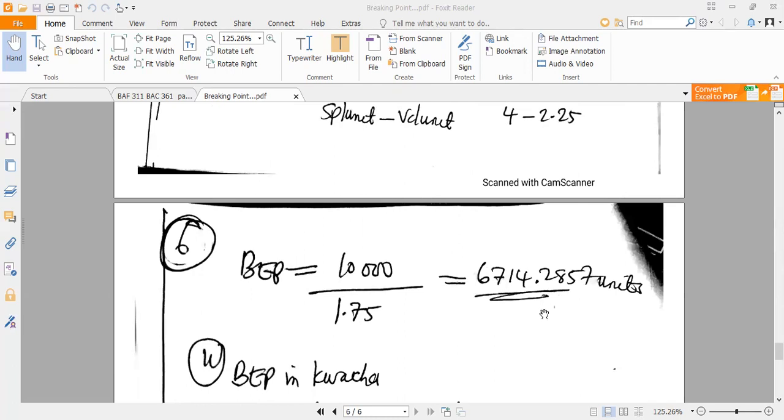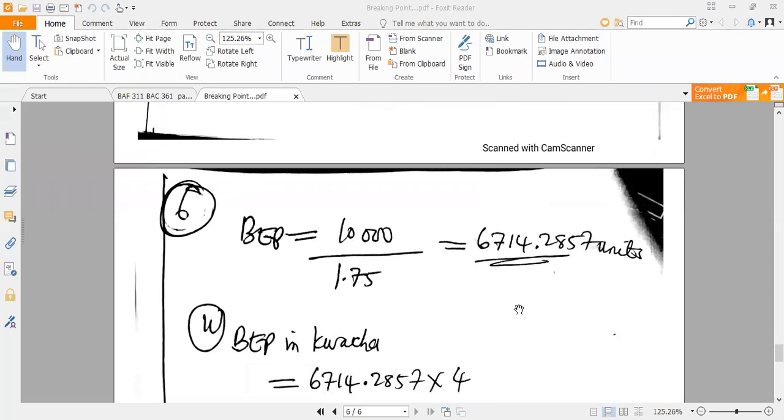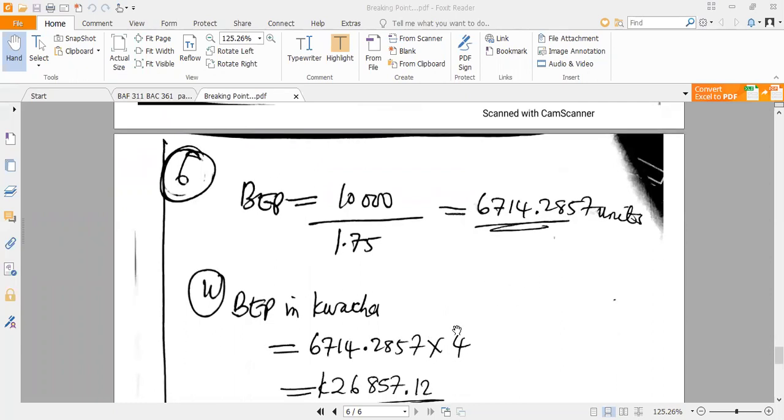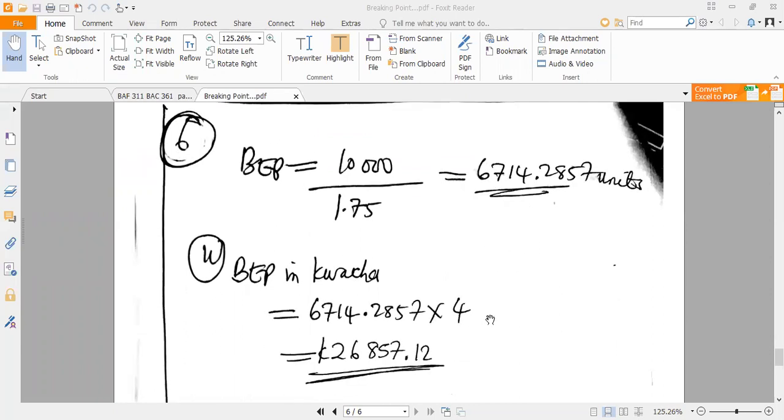For this one, we are getting 6,714.2857 units. Are we together? Yes. Then in kwacha, you multiply the break-even point in units by the selling price per unit to get the break-even point in kwacha. Is that okay?